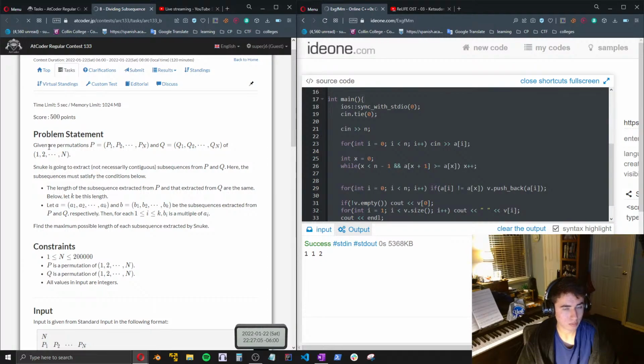There are given permutations, P and Q. Snuke is going to extract subsequences. Here the subsequences must satisfy the conditions below. The lengths of the subsequence extracted from P and extracted from Q are the same. Okay. B_i is a multiple of A_i. I see.